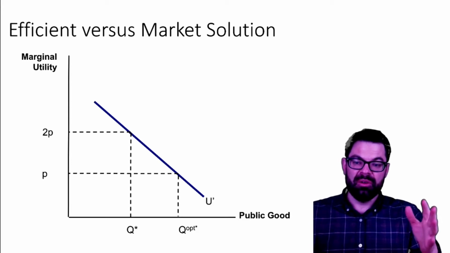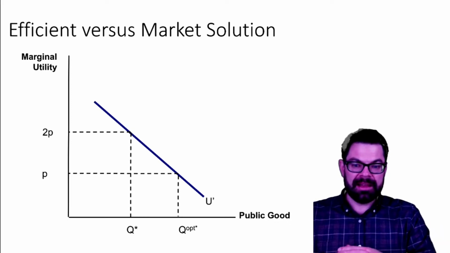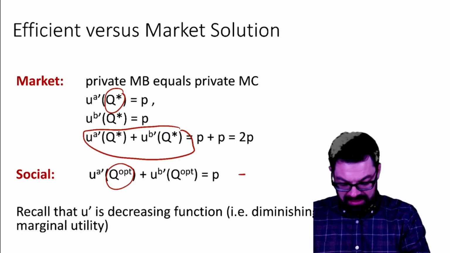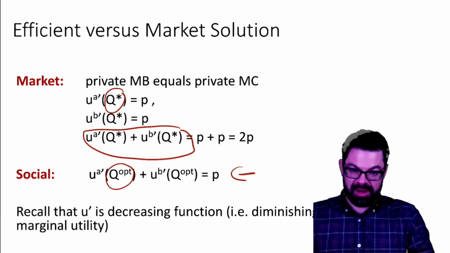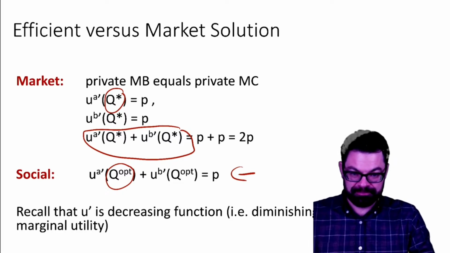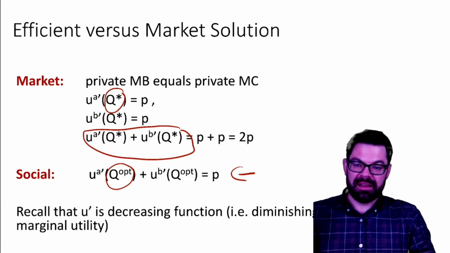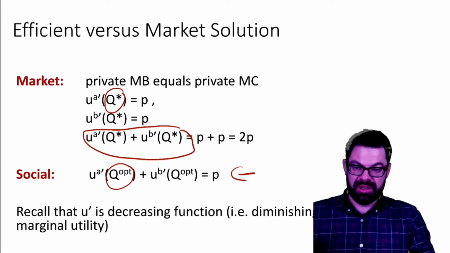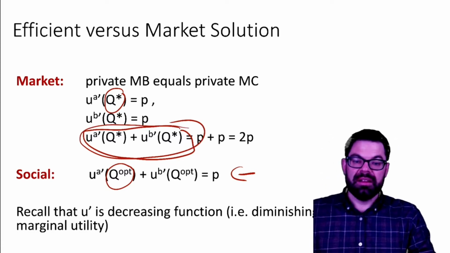Okay, so here we graph the marginal utility against the amount of the public goods provision. And we can see here that at the socially optimal level, the social marginal benefit equals P. Whereas in the market solution, as in the non-cooperative solution, the social marginal benefit, which is what you can see here, equals 2P.